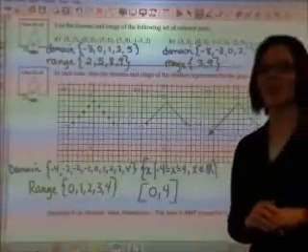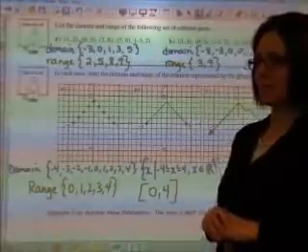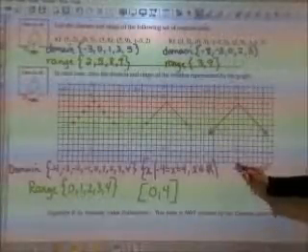Is infinity a number? No, because if you count to infinity, what can I do? I can go to infinity plus 1. So infinity is more so a concept. It's the highest number that we can think of counting to plus 1 more. So I wouldn't put a square bracket, I would put a curved bracket.